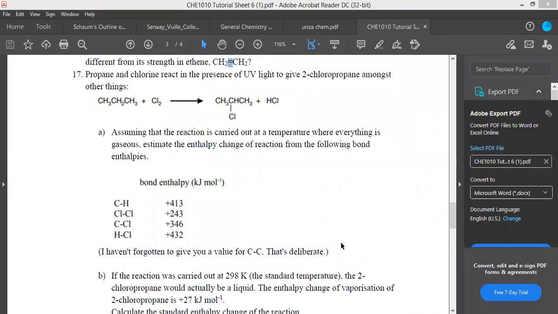Look, they've given us the bond enthalpies there. So what we're going to do is, on the products, the sum of the bond energy of the products, we're going to do it one by one. I'm going to show you after I'm done writing, it is equal to, and then you add what is on your product end.